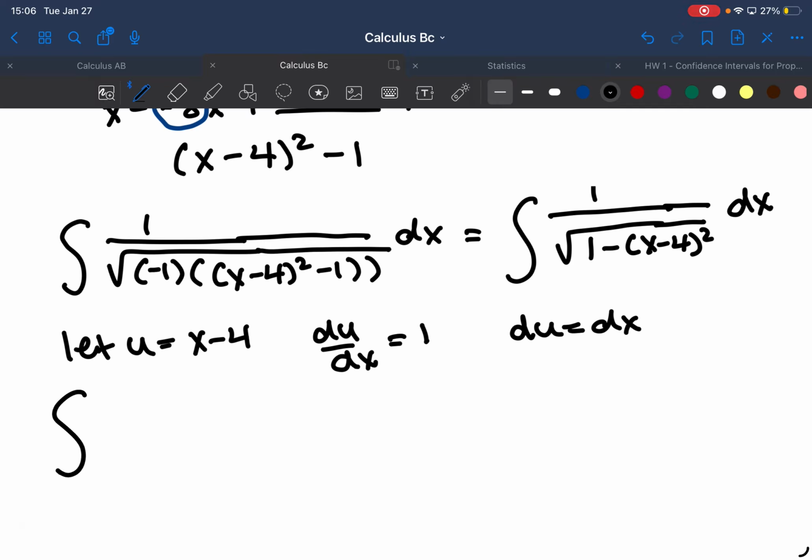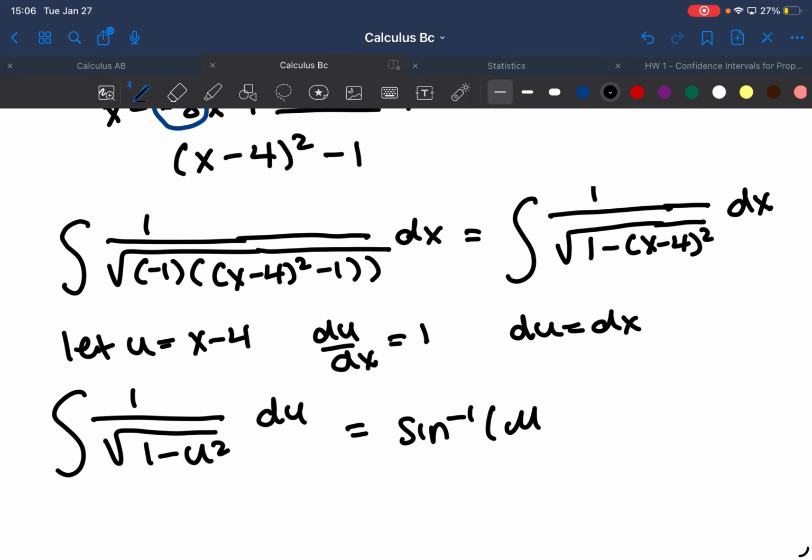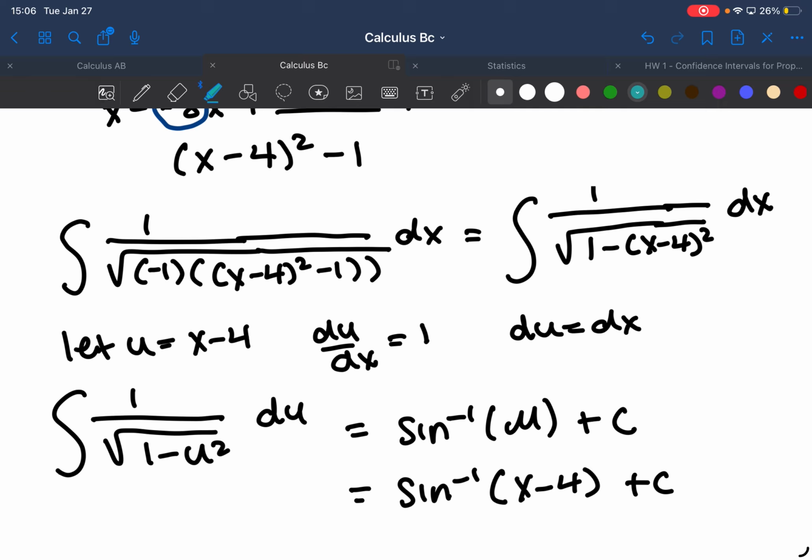So I have the integral of 1 over the square root of 1 minus u squared du, which resembles arc sine. So I know this is going to be the inverse of sine of u plus c, and then I just have to substitute u back in, which was x minus 4. And that's my answer.